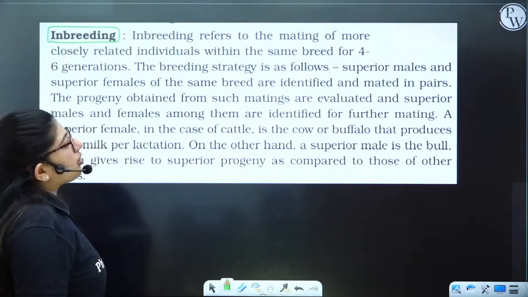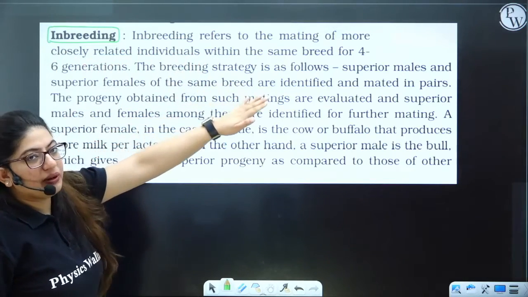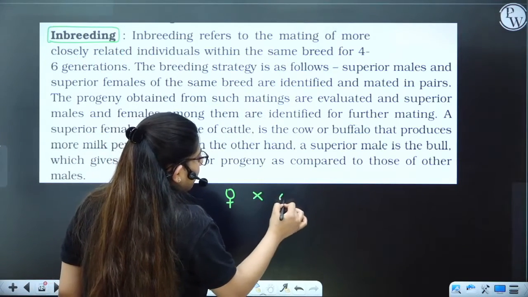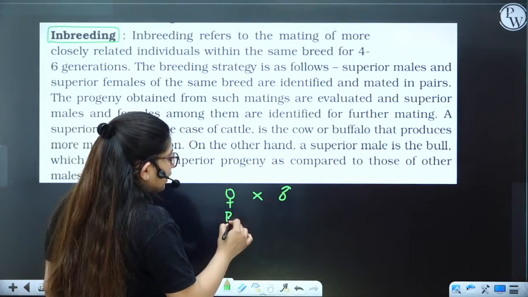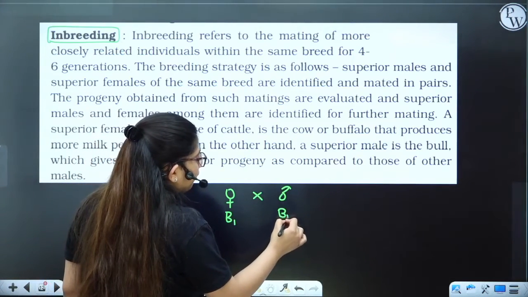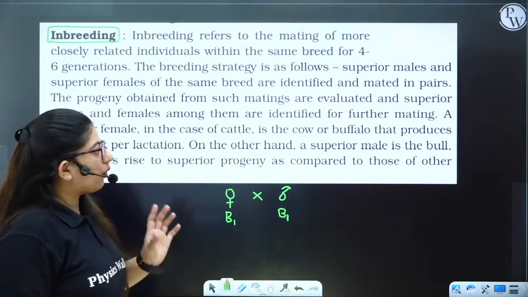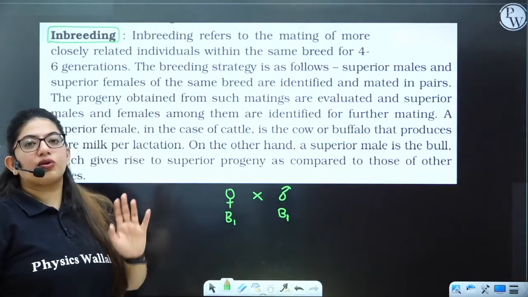Inbreeding refers to the mating of more closely related individuals within the same breed. So one is female, another is male. Both are mating and they both belong to the same breed, say B1. They are related over 4 to 6 generations.